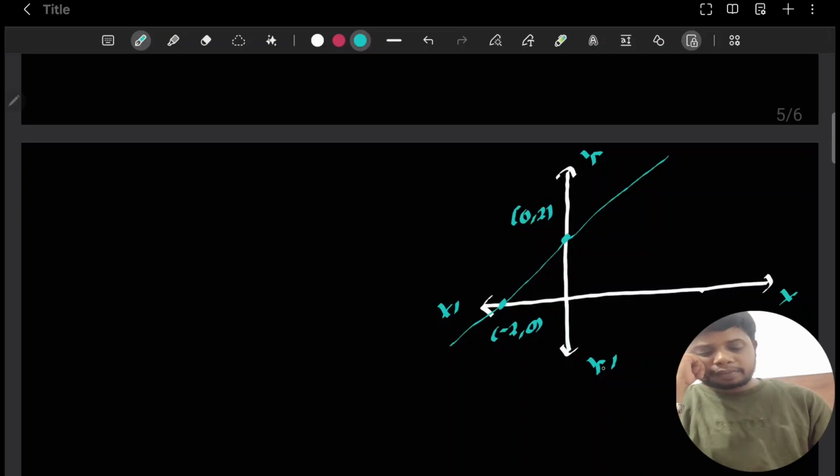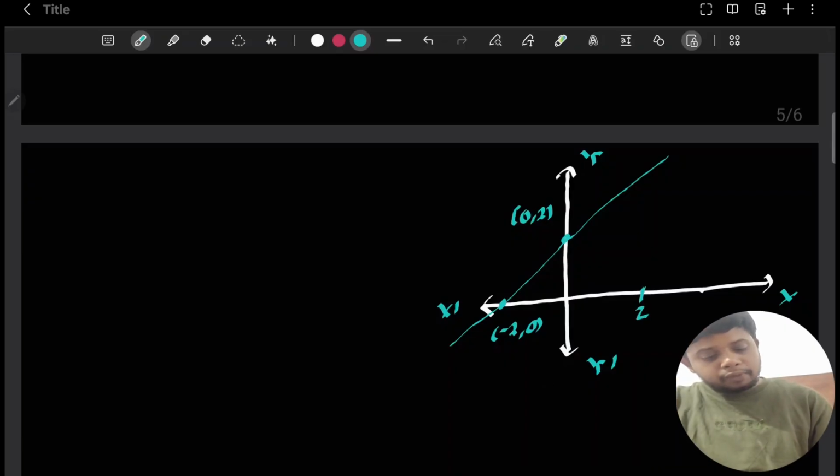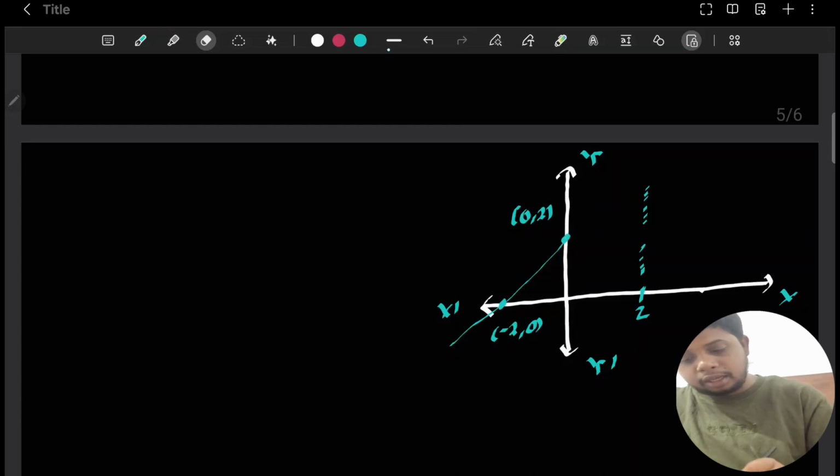If that is 0, 2 and minus 2, 0, so can you tell me at x equal to 2, the function is not defined? That means, can you feel that at x equal to 2, the function has a hole, because x equal to 2 is not in the domain? Yes, it's absolutely correct. Here you'll get one hole and the function is not defined.